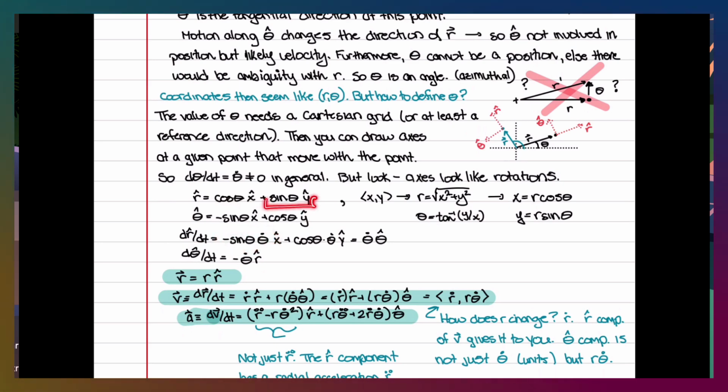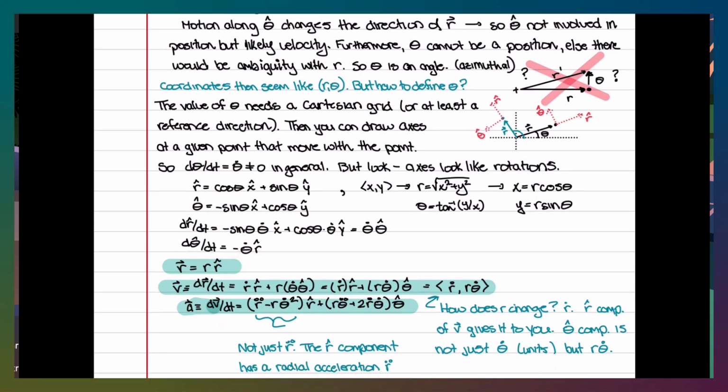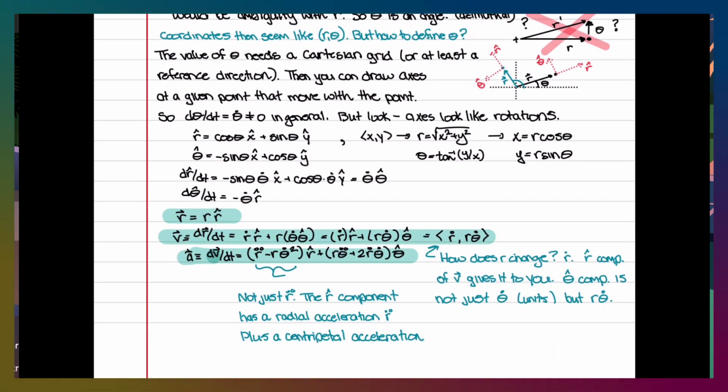And then similarly, sine becomes cosine, chain rule pops out that, y hat goes along for the ride. And then if you stare at this, and then you stare at this, notice that the derivative of r hat is just theta dot theta hat. And similarly, convince yourself, derivative of theta hat just becomes negative theta dot r hat. And then we're off and running.